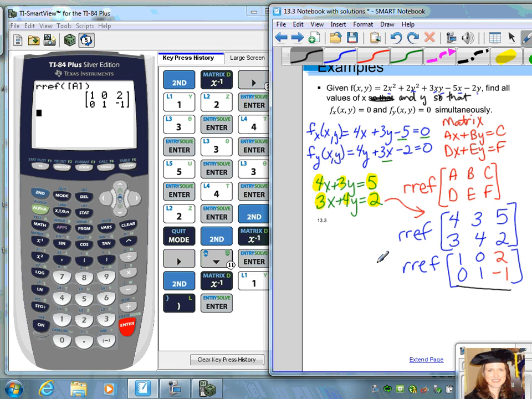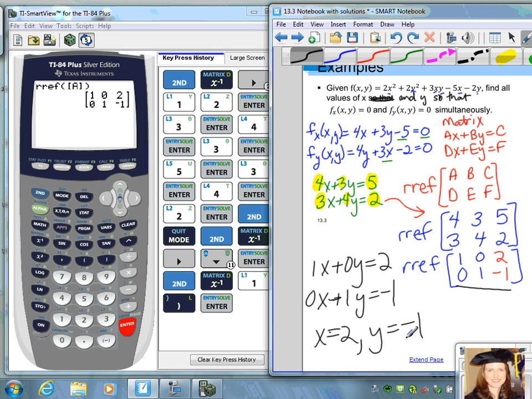This is the same thing as 1x plus 0y equals 2, and 0x plus 1y equals negative 1. So this simplifies to x equals 2 and y equals negative 1.